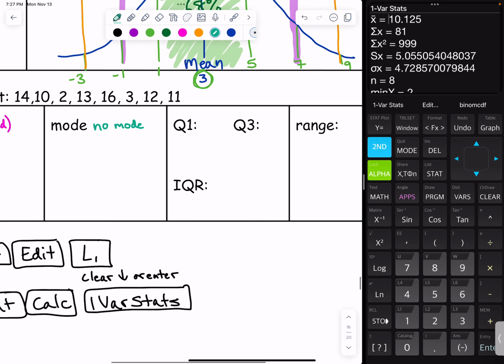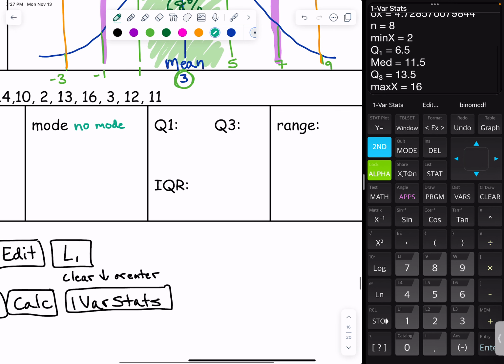The Q1 is 6.5. We can see that over there on the screen. So Q1 is 6.5. Q3 is 13.5. So IQR is always Q3 minus Q1. So 13.5 minus 6.5 is equal to 7.